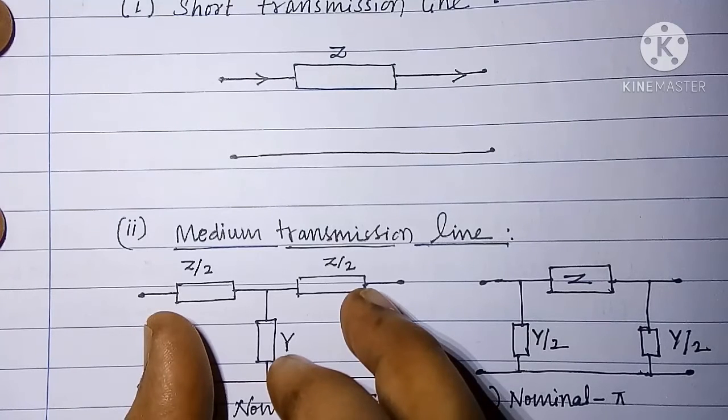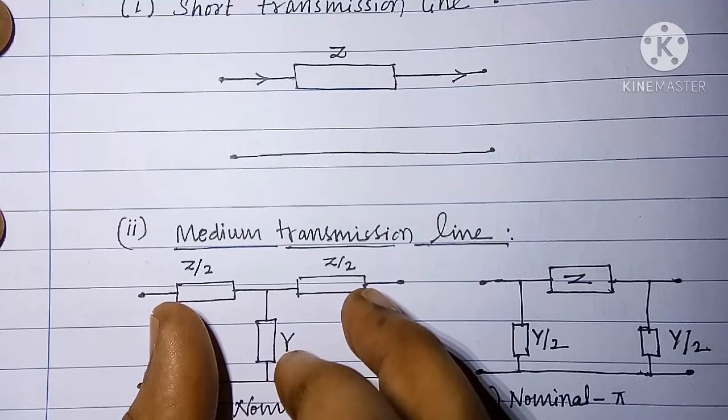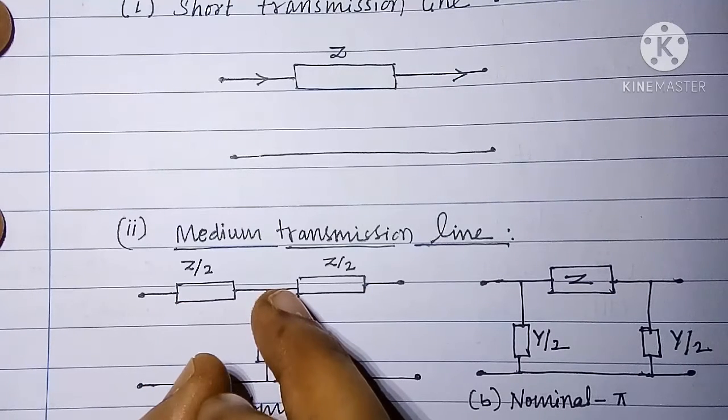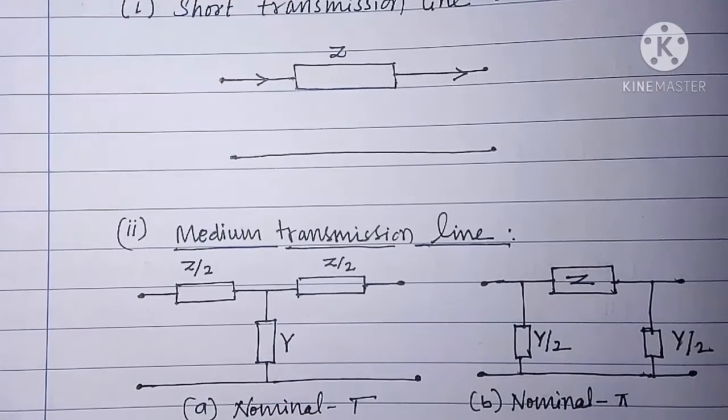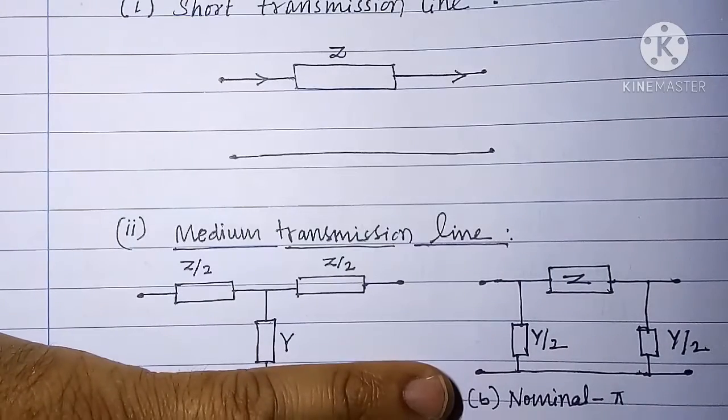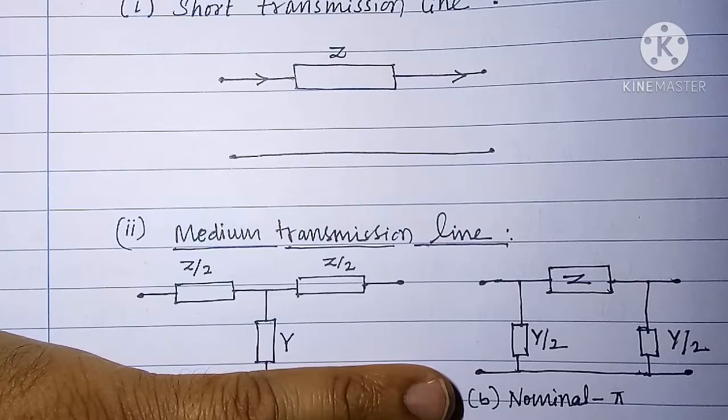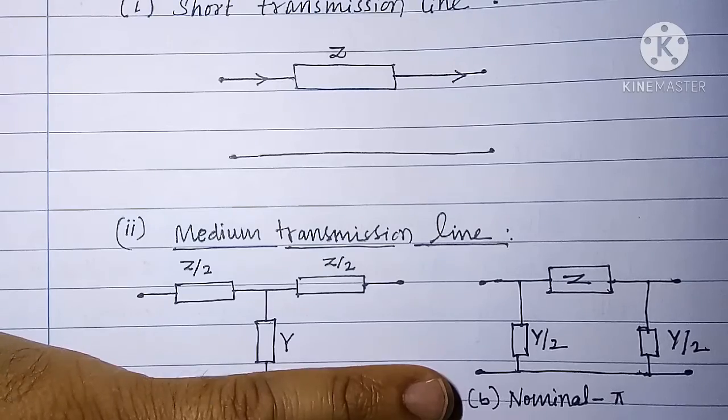Whereas the two equal parts of impedance are considered to be there on either side of the middle point of the transmission line. If you close this line, then the transmission line looks like letter T, and hence the name.